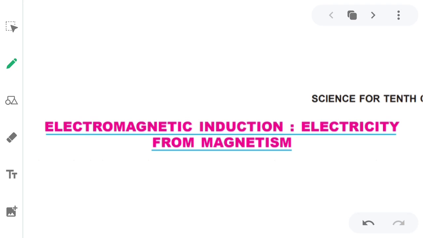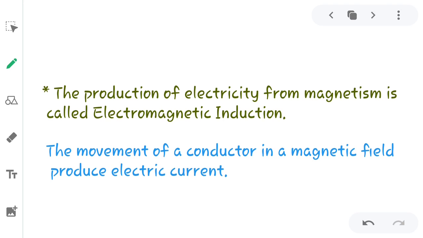Today we'll study electromagnetic induction, or electricity from magnetism. What is electromagnetic induction? The production of electricity from magnetism is called electromagnetic induction.